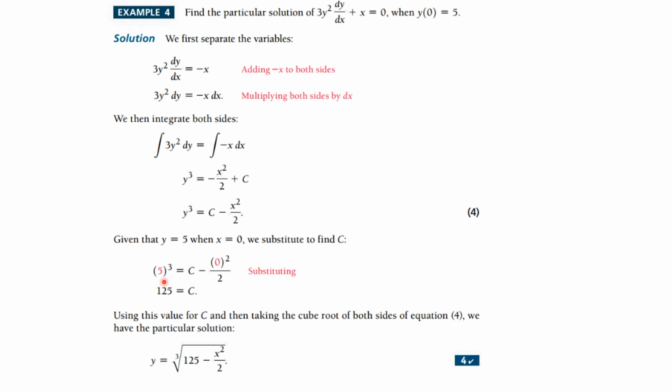So we put y to be 5 and x to be 0, and we find that c is 125. Then we can even solve this by taking the cube root: y is equal to the cube root of 125 minus x squared over 2. Make sure you can do these kinds of problems.